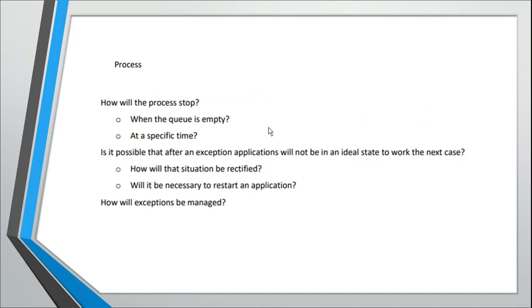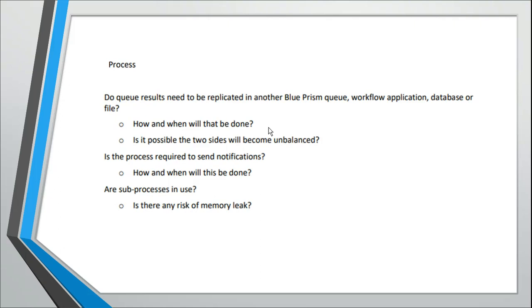The next question, how will the process stop when the queue is empty or at any specific time? The next one is, is it possible that after an exception the application will not be in an idle state to work the next case? How will the situation be rectified? Will it be necessary to restart an application? The next question is how exceptions will be managed. Next, do queue results need to be replicated in another Blue Prism queue, workflow application, database or file? How are queues managed, and how is the workflow managed with a load balancer?